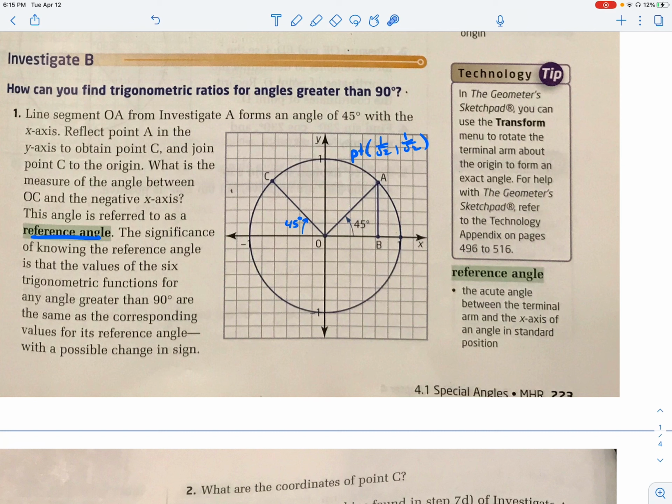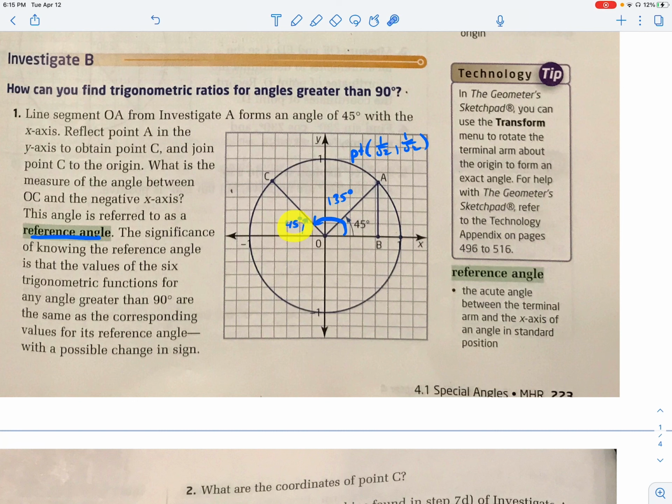So it says here the significance of knowing the reference angle is that the values of the 6 trig functions for any angle greater than 90 are the same as the corresponding values for its reference angle, with a possible change in sign. So basically, all the trig ratios for this angle at 135 degrees are going to be the same as the trig ratios for the reference angle 45.